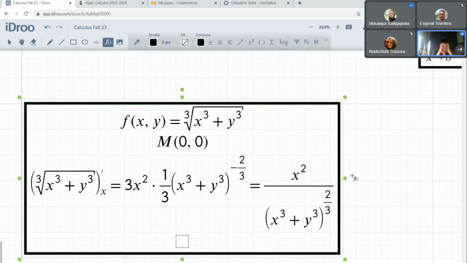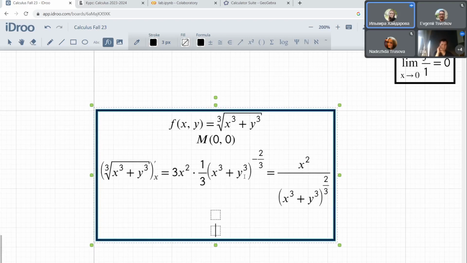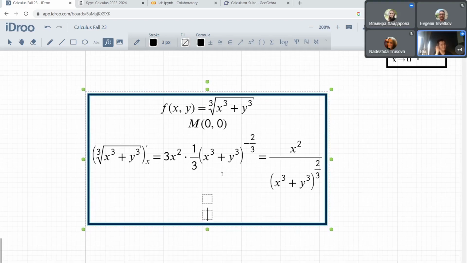So a number over 0, that's a problem. Yeah, that's my problem. It's 0 over 0, and when I tried to put there just the answer 0, 0, it didn't work. Yes, because the answer is not 0.